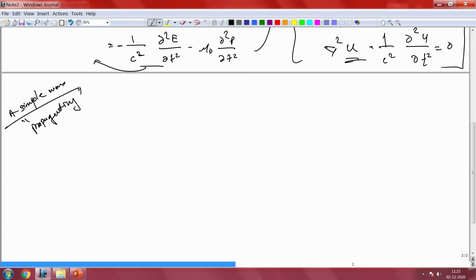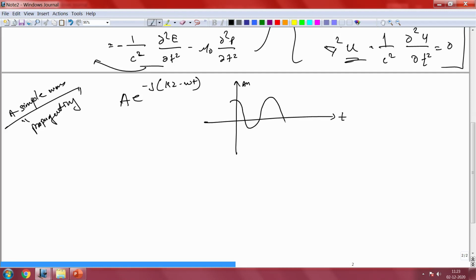So you could represent it as A e to the power minus j (k z minus omega t), which is what you call a propagating wave. And let us say this is as a function of time, right. There is an amplitude, and this amplitude is changing as a function of time at a certain location and so on. Okay. But then there is the speed at which a particular point moves.